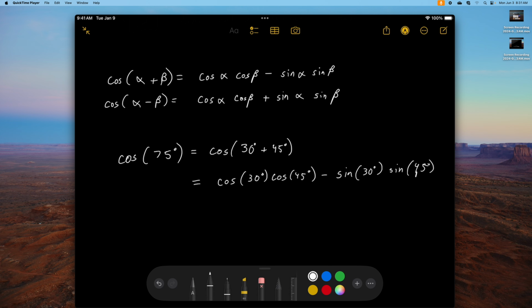Cosine of 30 degrees is the square root of 3 over 2. Cosine of 45 degrees is the square root of 2 over 2. Sine of 30 degrees is 1/2. And sine of 45 degrees is square root of 2 over 2.